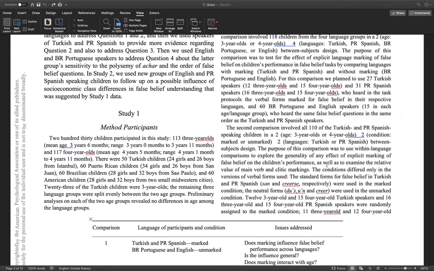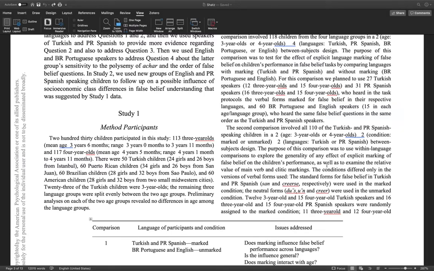This one allows us to address the question, does having more linguistic tuners, those different words for the idea, does having more affect the responses? So remember, Turkish had 2, Puerto Rican Spanish had 1.